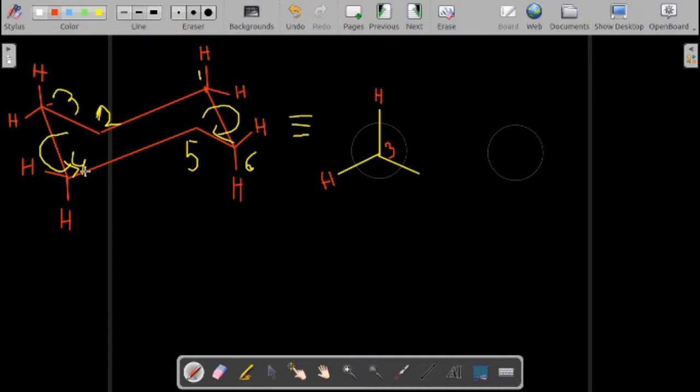And as we saw previously, these axial hydrogens are anti to each other.